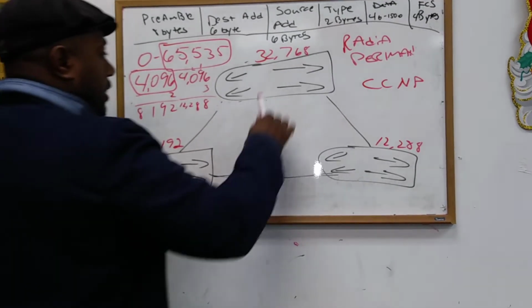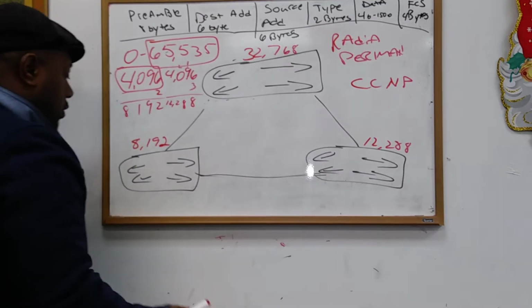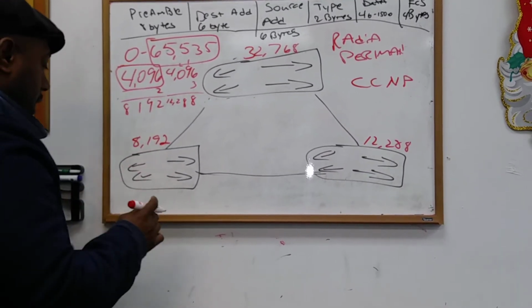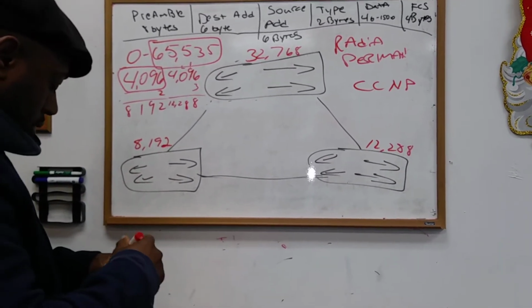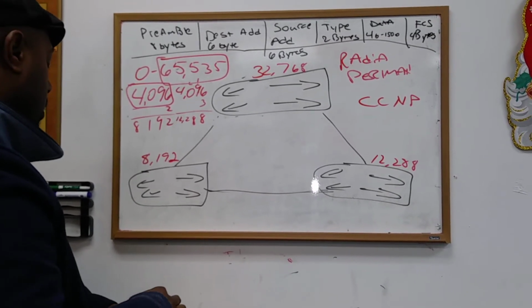But if this had a priority of 32,768, this had 12,288, and this had 8,192, then let me see.